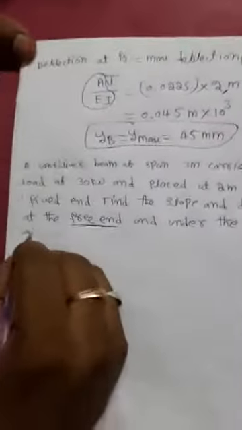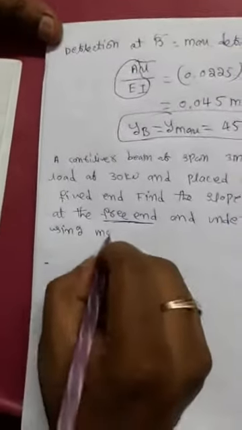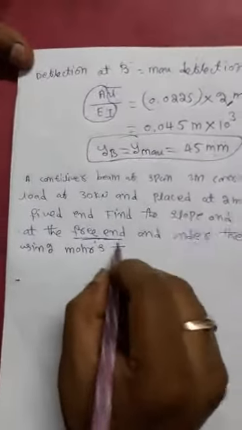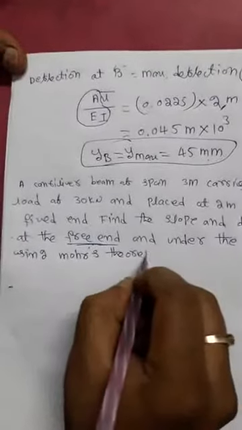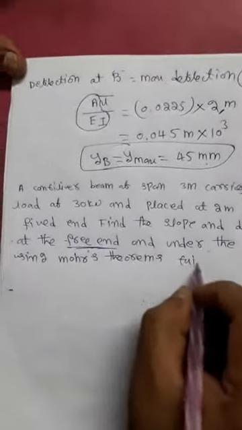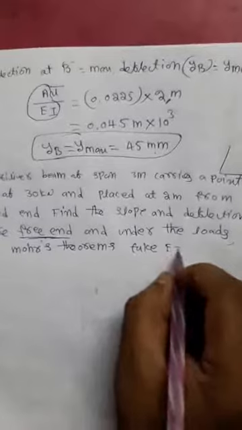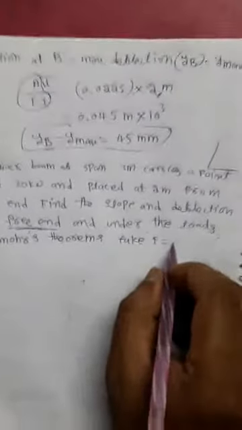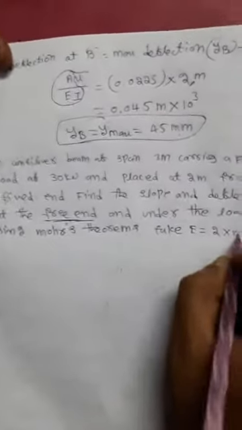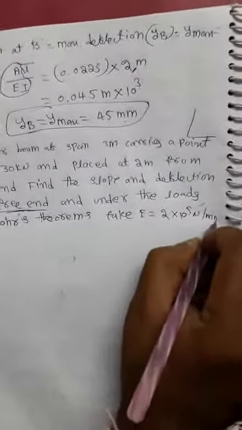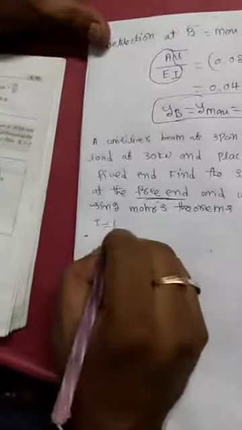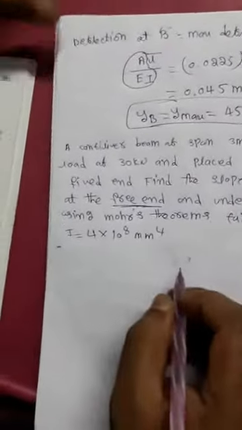So using Mohr's theorems, take E equal to 2 into 10 to the power of 5 Newton per mm square, and I equal to 4 into 10 to the power of 8 mm power 4.